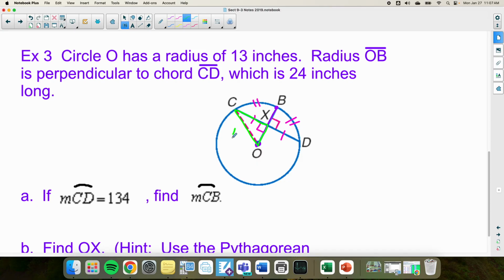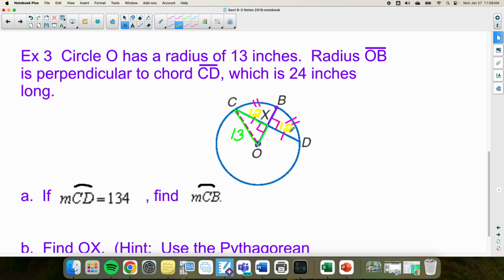We put the radius right here, okay, as the hypotenuse. Then it says radius OB is perpendicular to a chord, and that whole thing is 24. So what would that tell us about each of these pieces? 12. Okay? So this is 12, and that's 12.